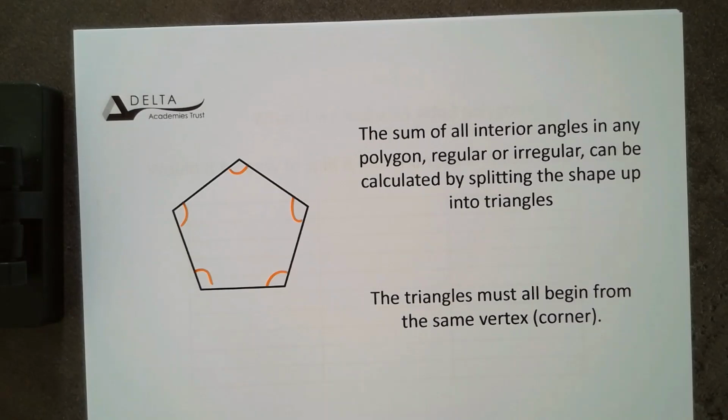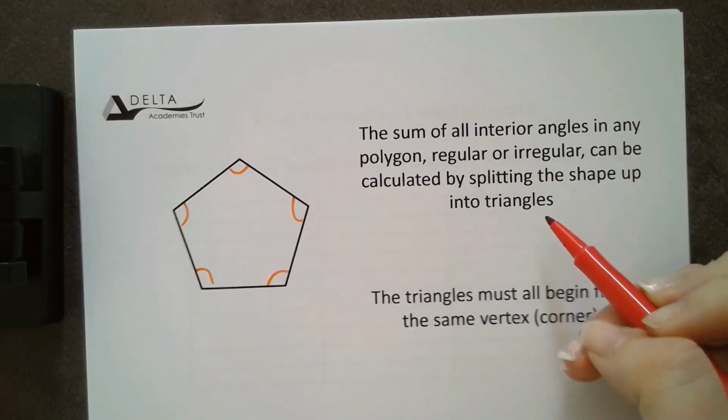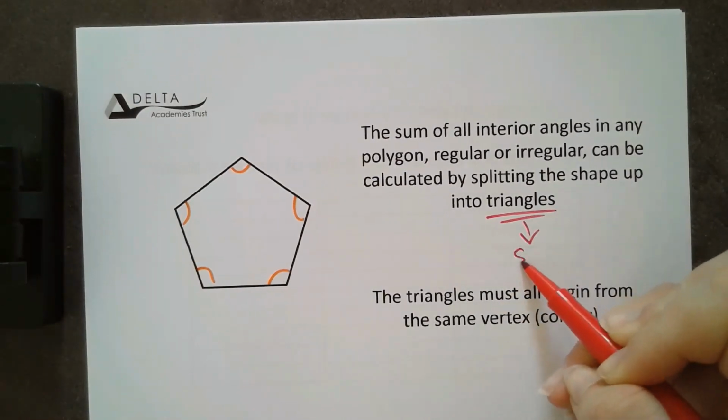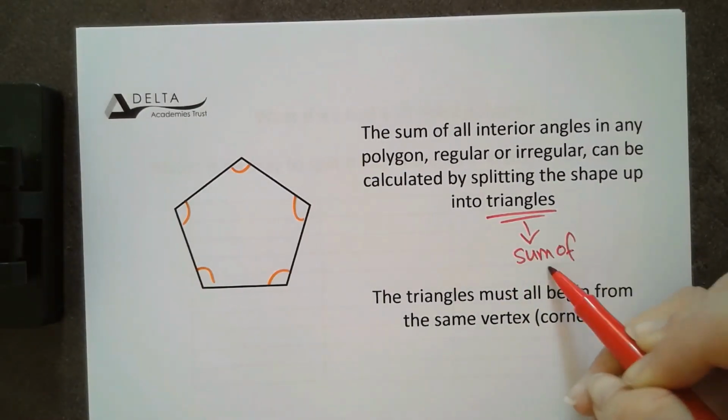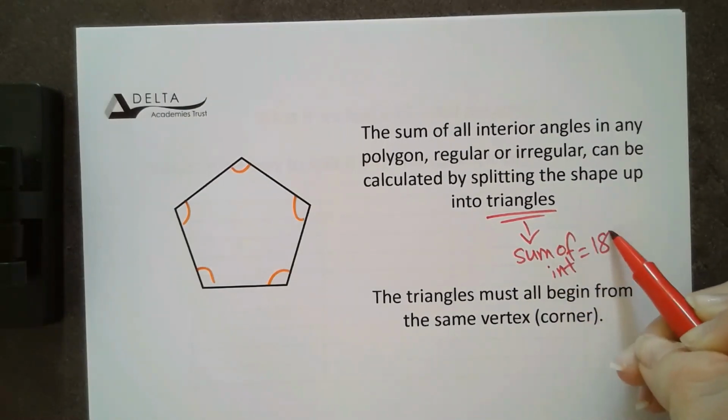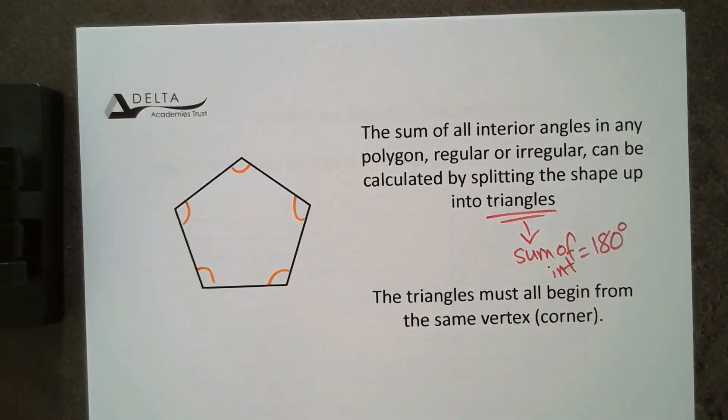What I'm going to do is split this shape up into smaller shapes that I already know about. I'm actually going to go for triangles because I know that the sum of the interior angles here is 180 degrees, just like those straight lines that we use for interior and exterior angles.